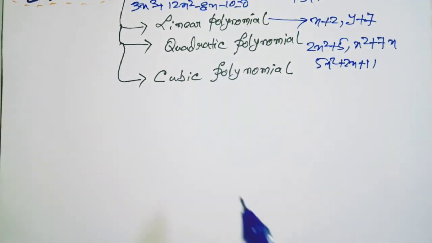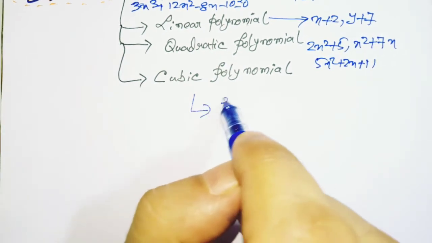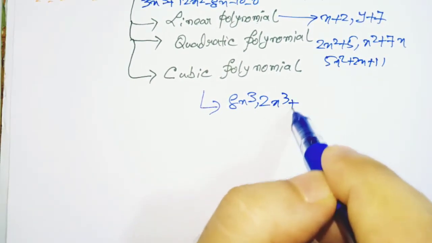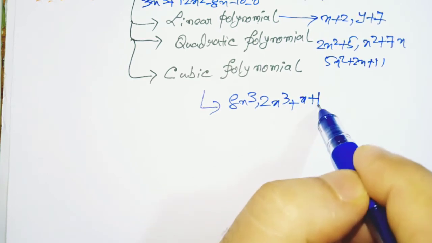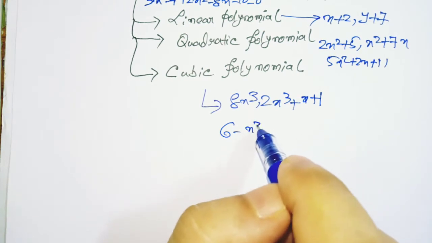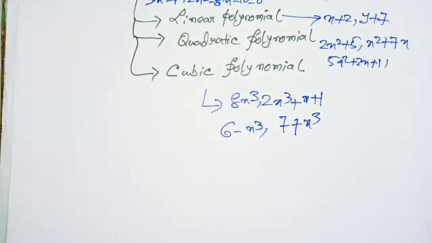Finally, what is a cubic polynomial equation? Something which has got a power of 3. So I can write it as 8x cubed, or I can write it as 2x cubed plus x plus 1. I can write it as anything, like 6 minus x cubed, 7 minus x cubed, 7 plus x cubed, anything.